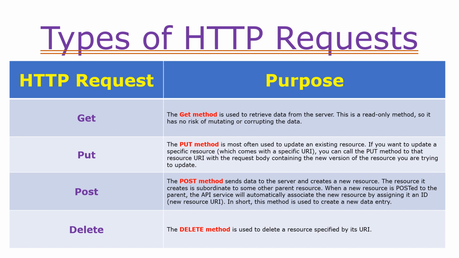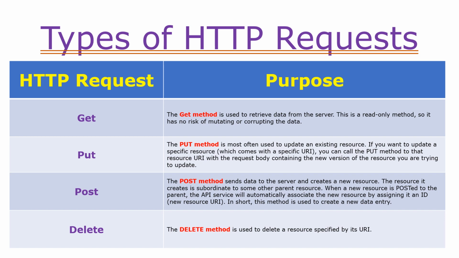Let us discuss the common types of HTTP request. We have the GET method. The GET method is used to retrieve data from the server. Again, we have the PUT method. The PUT method is often used to update an existing resource.